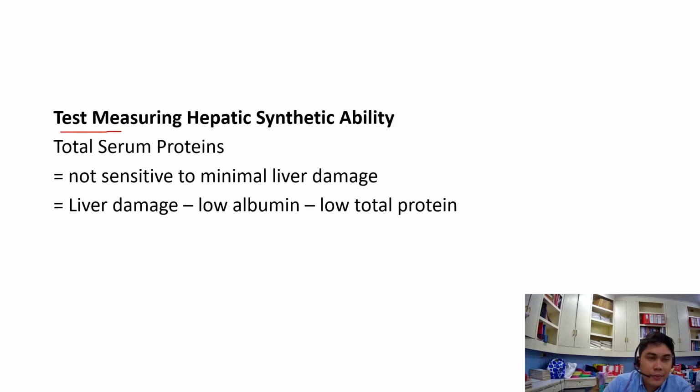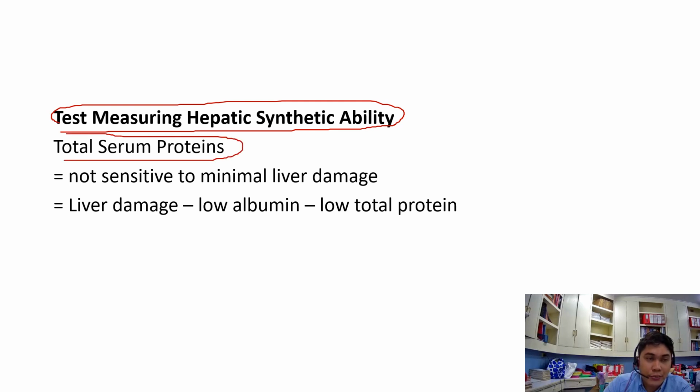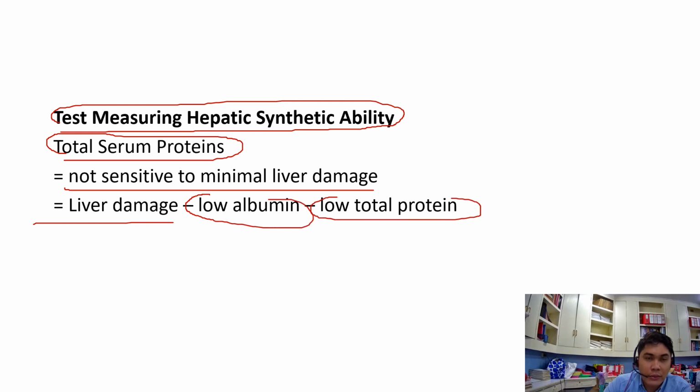Next are tests measuring hepatic synthetic ability. To measure hepatic synthetic ability, you need to measure total serum protein. It is not sensitive to minimal liver damage, but in severe liver damage, the concentration of albumin is low and also the total protein, because the liver is responsible for the production of proteins except immunoglobulin and your adult hemoglobin.